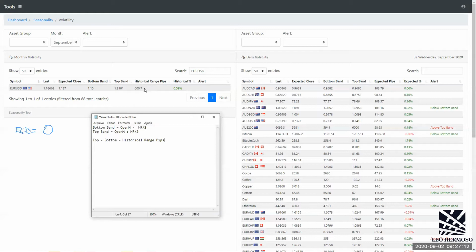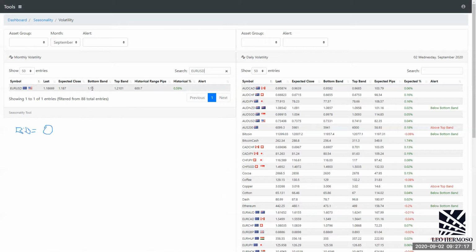So what I'm expecting right now, given the open for the month of September and given what Euro USD did in the past years, is a bottom band, an expected low, of 1.15.